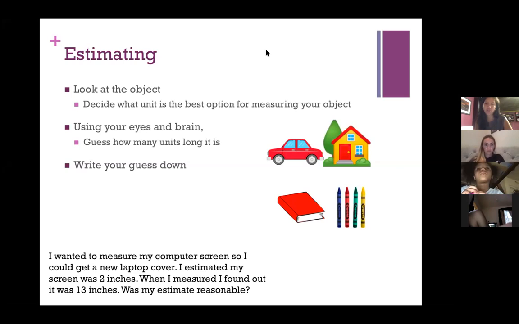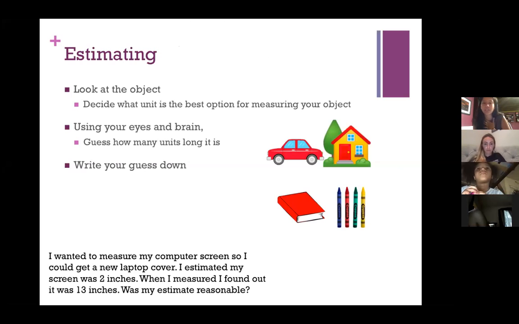Wow, Edward, you give me a little bit too much credit, and I appreciate that. You think I am a great looker and I use my eyes and my brain, but I don't agree. I don't think that that was a reasonable estimate. What a reasonable estimate means is that it's about near what the real true measurement is.